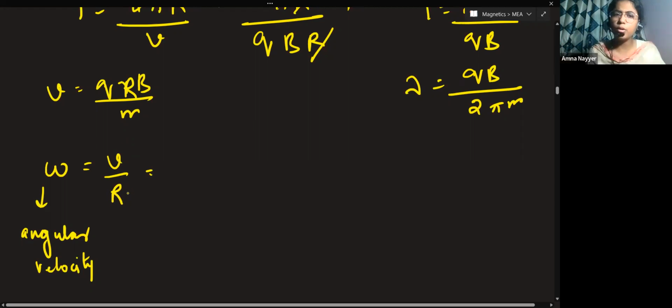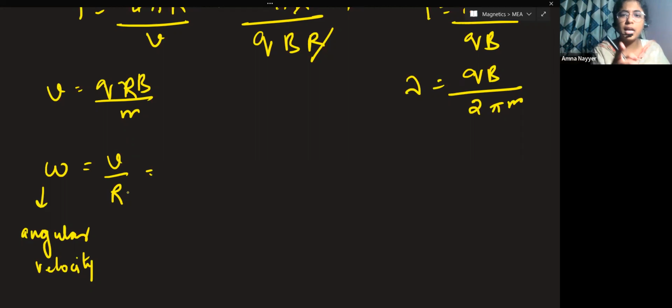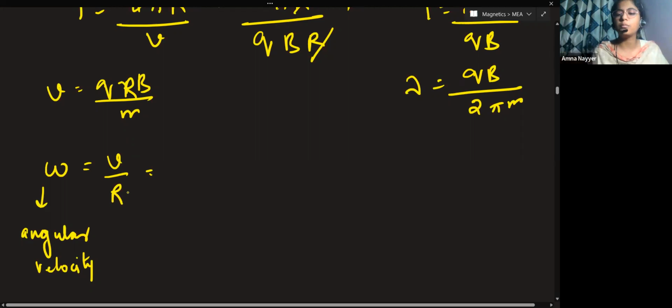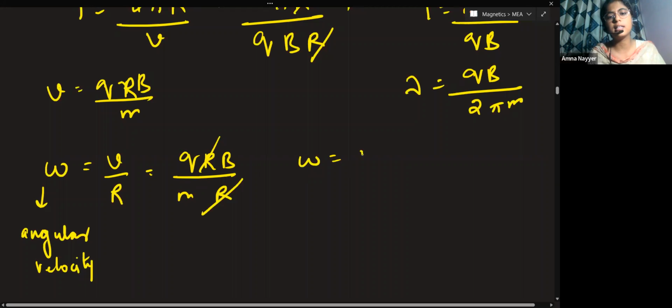If you remember these formulas, these questions are very easy, especially for students who are going to appear for their JEE or NEET exams. So V is QRB divided by M, R is this, R gets cancelled. Omega will be QB divided by M.